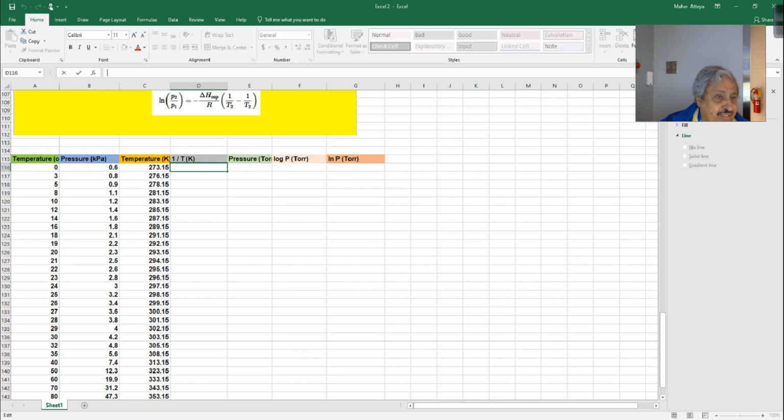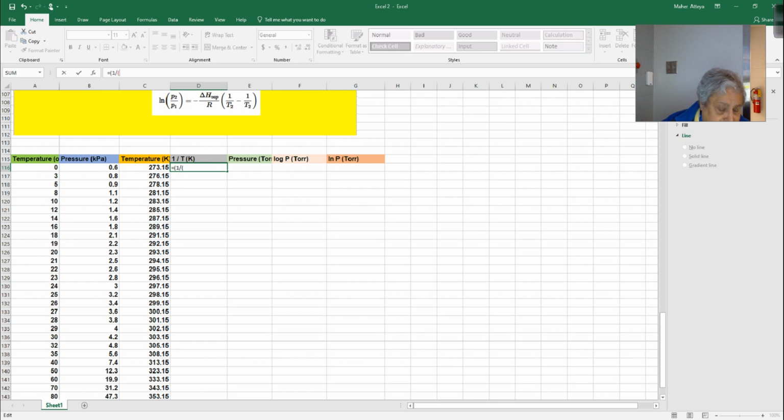So what I do here, equal to, yeah, that's tough today. I can't really see. There's no light. Equal to 1 divided by the column there, open the parentheses, and the first parenthesis, this is C what?